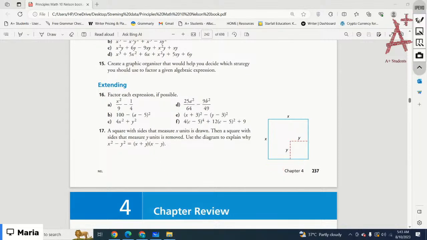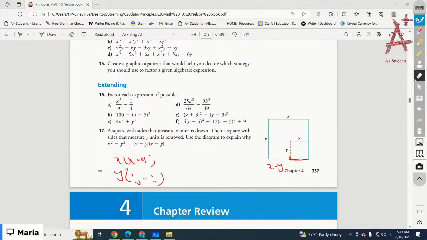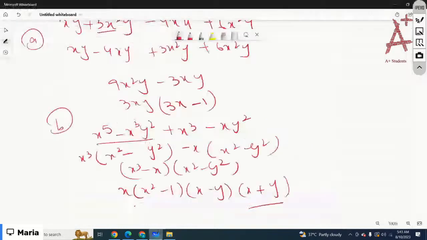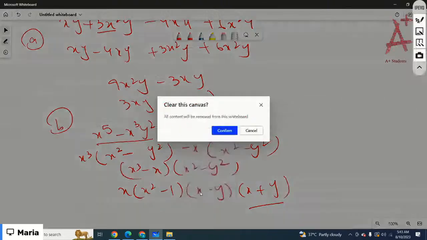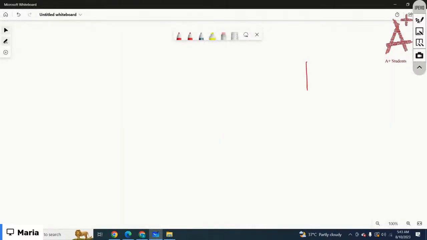When you remove the smaller, it would be like this, right?